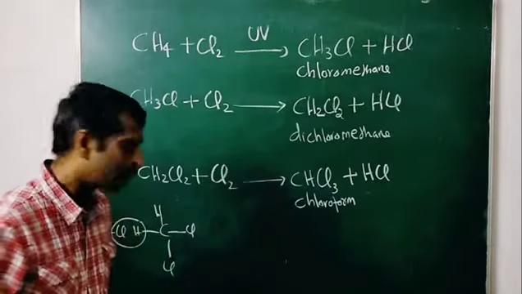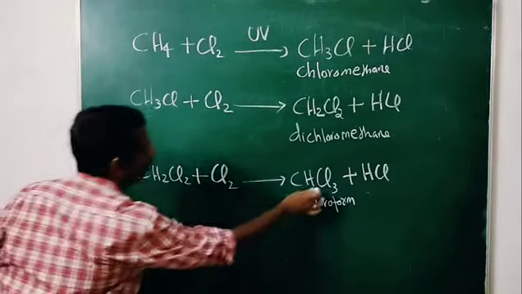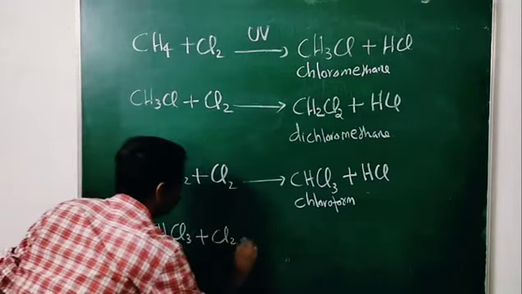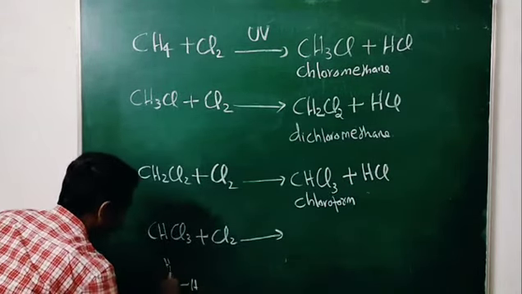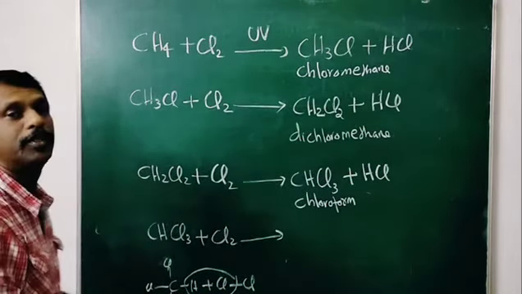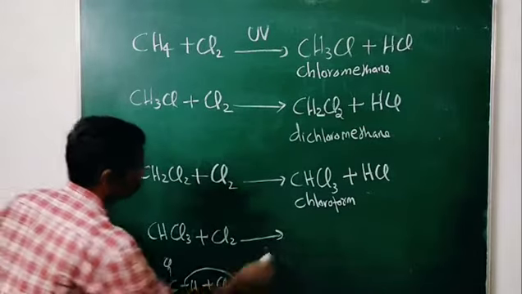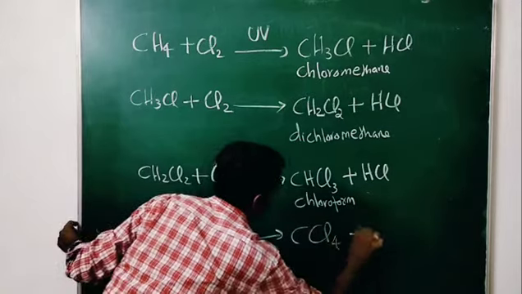In the last step, this trichloromethane or chloroform, CHCl3, reacts with Cl2. HCl is again eliminated. The last hydrogen atom is also replaced by a halogen, so we get CCl4 plus HCl.